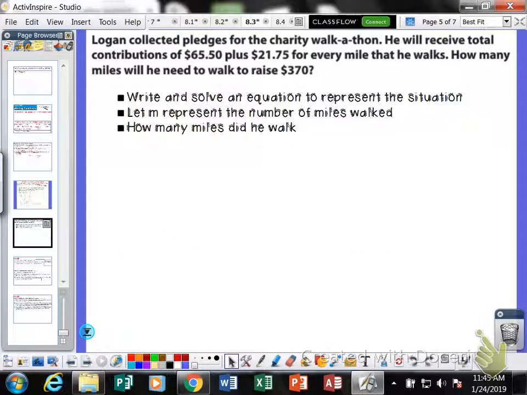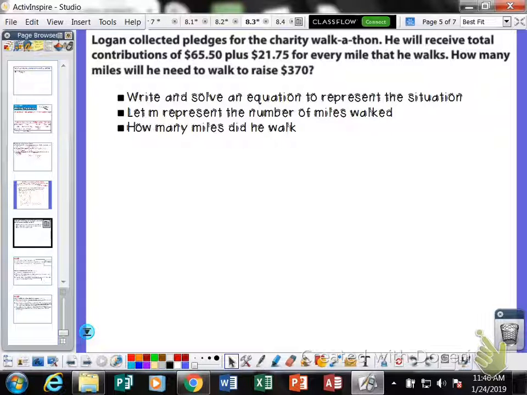All right, let's look at our last problem here. Logan collected pledges for the charity walkathon. He will receive total contributions of $65.50 plus $21.75 for every mile that he walks. How many miles will he need to raise $370? Okay, so write an equation to represent the situation.